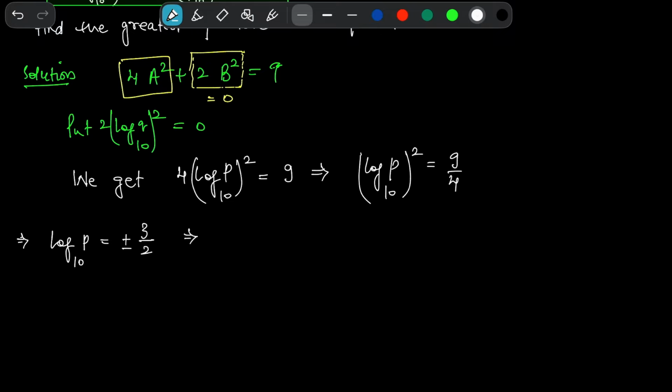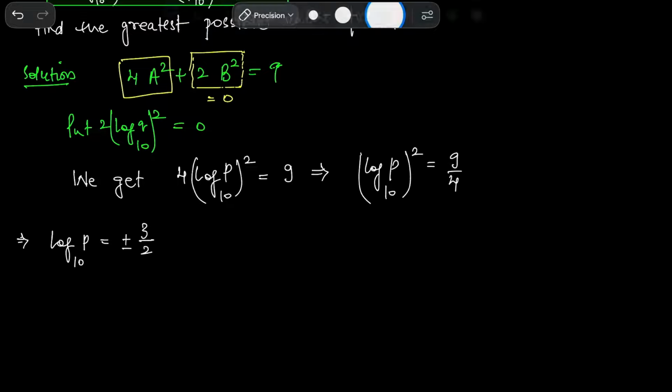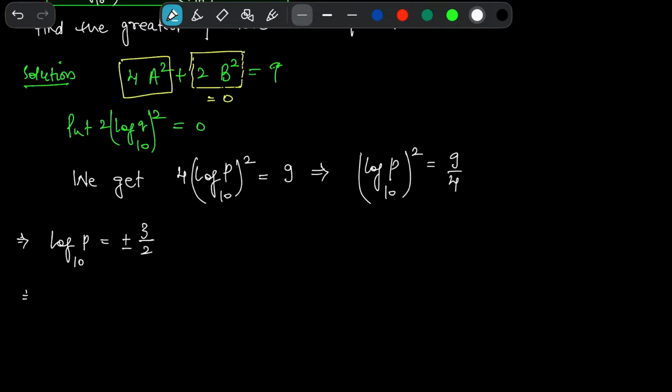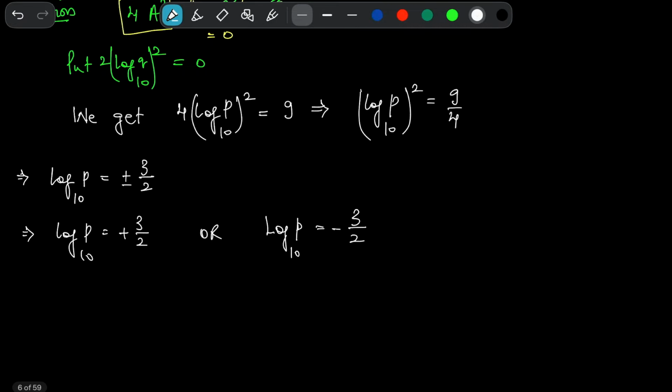Now we will take into consideration both the values. So taking both the values we can solve: log p with base 10 equals plus 3 by 2, or log p base 10 is equal to minus 3 by 2. Once we solve this further, we get p is equal to 10 raised to the power 3 by 2, or p is equal to 10 raised to the power minus 3 by 2.